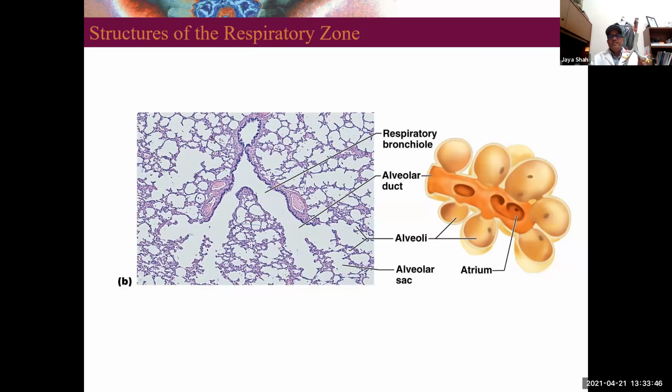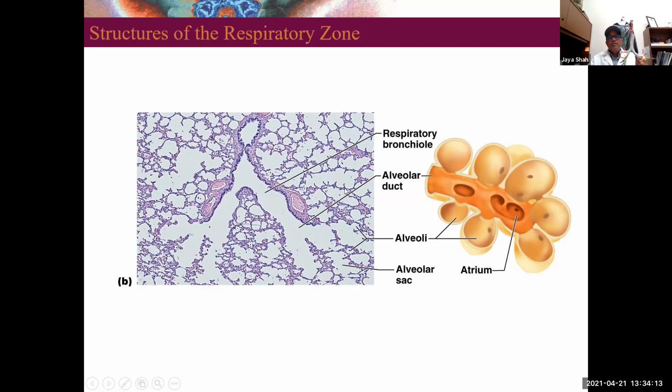When it reaches the respiratory zone, in the respiratory bronchioles you see some very thin muscles. And when you reach the alveoli, it's lost completely; there is no muscle, only 1-cell-thick simple squamous epithelium.